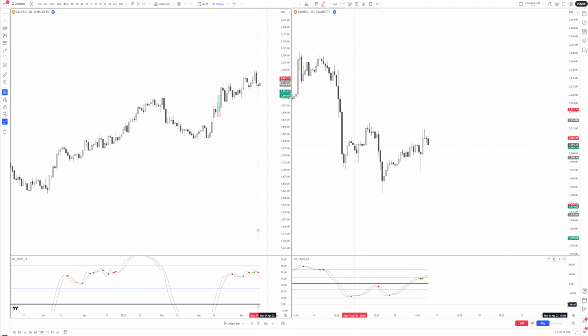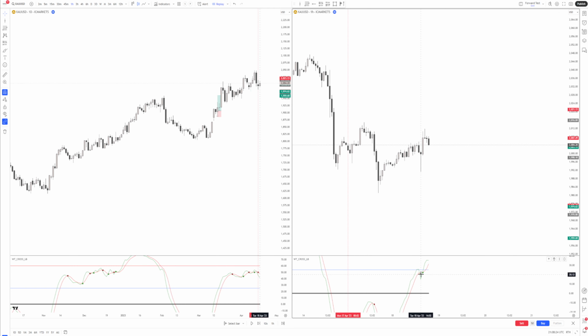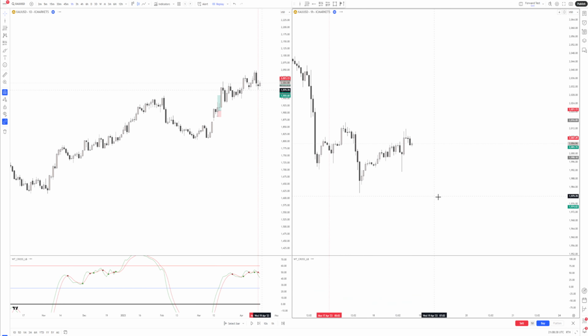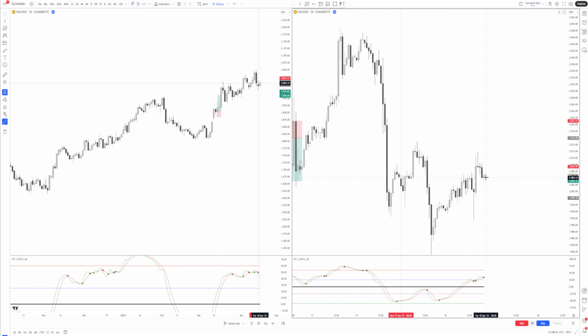Okay, that we would not have been interested. You can see the dot was not above level 1, so it must be above for us to take that trade. Okay, so now that price is above here, we would take that trade.